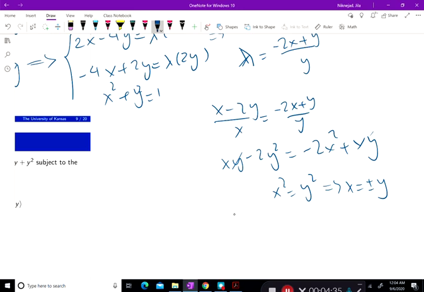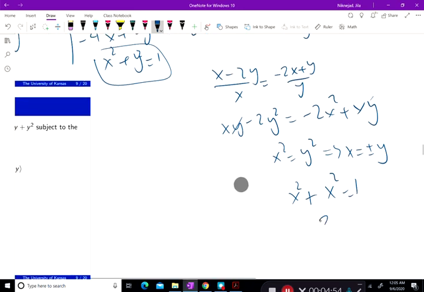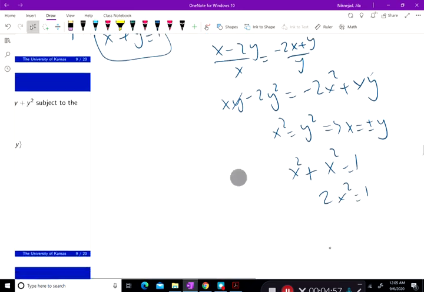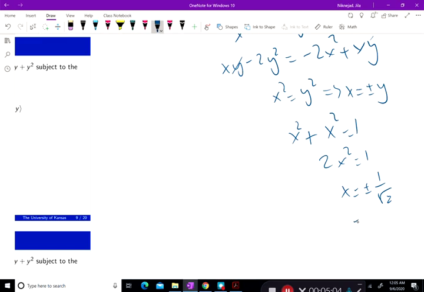Plug it back into the third equation up here, and you get x squared plus x squared equal to 1. That is 2x squared equal to 1, and that means that x is equal to plus minus 1 over square root of 2, or plus minus square root of 2 over 2, if you rationalize it.